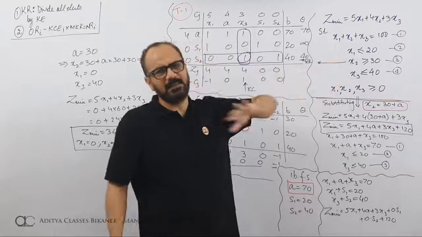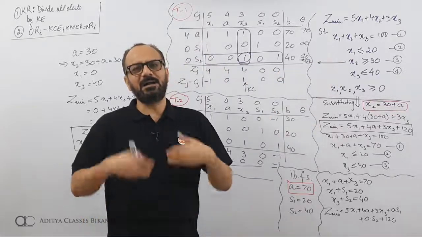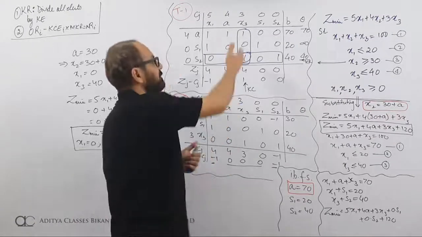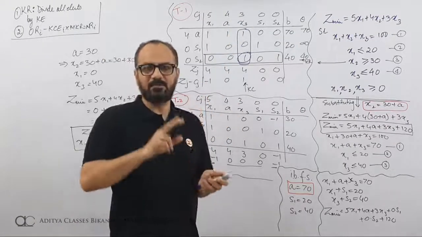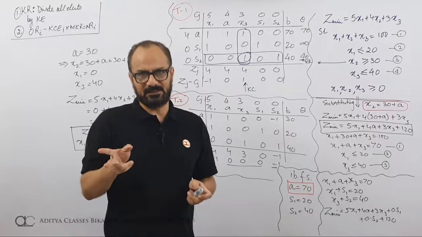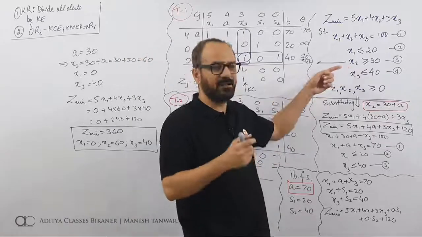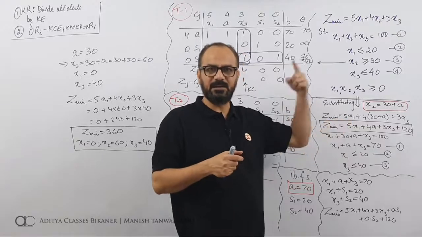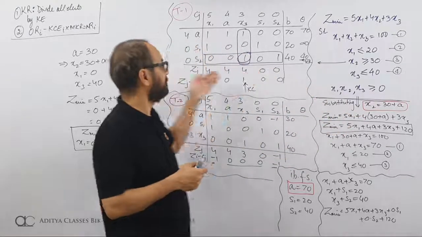You can do it with less-than type constraints also, but why touch a less-than type constraint? Because a less-than type constraint as it is will get only a slack variable. The problem is with greater-than constraints, because they take you into the surplus zone, surplus will take you into an artificial variable, which will take you into M.